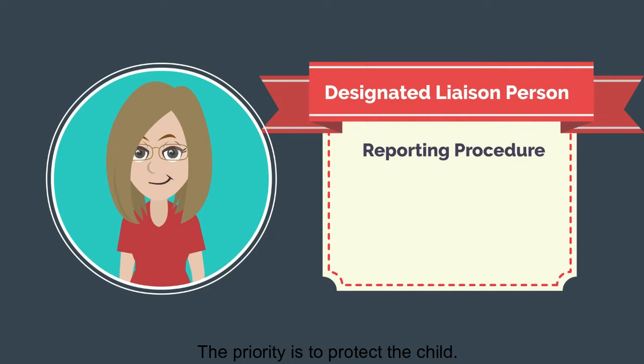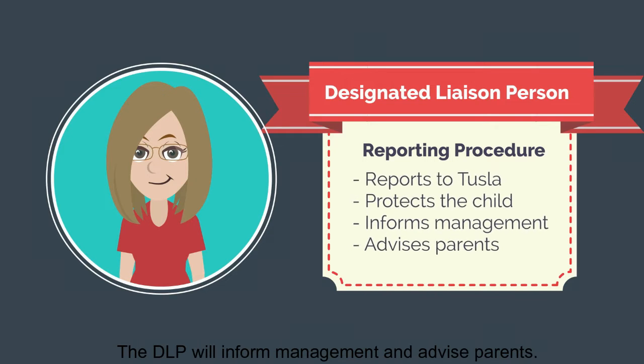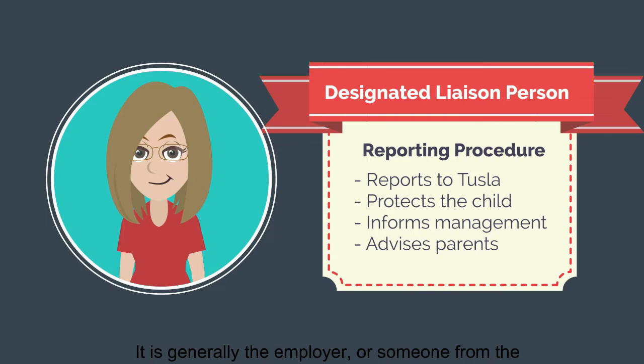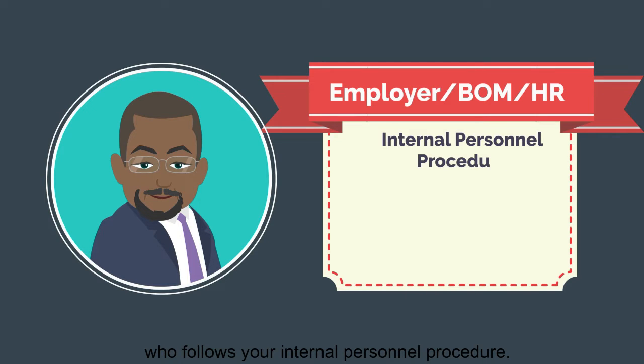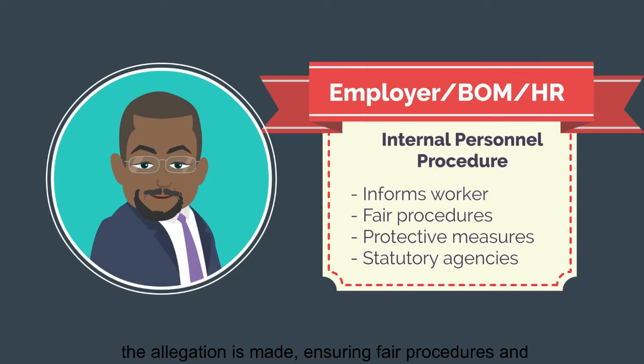The priority is to protect the child. The DLP will inform management and advise parents. It is generally the employer or someone from the Board of Management or Human Resources who follows your internal personnel procedure. They oversee the process with the worker against whom the allegation is made, ensuring fair procedures and protective measures are taken. They also liaise with the statutory agencies.